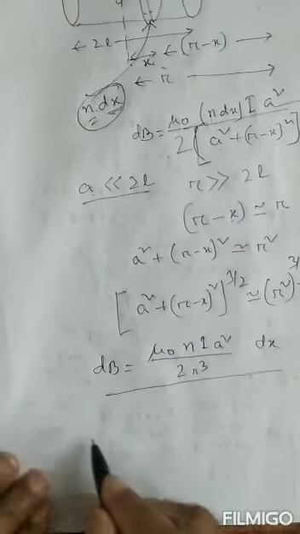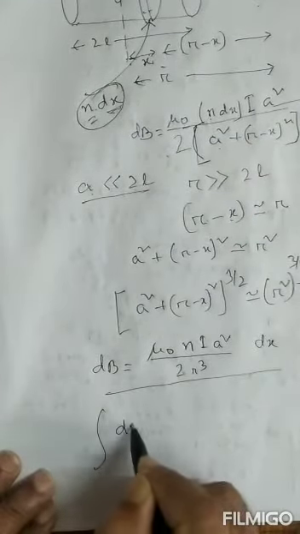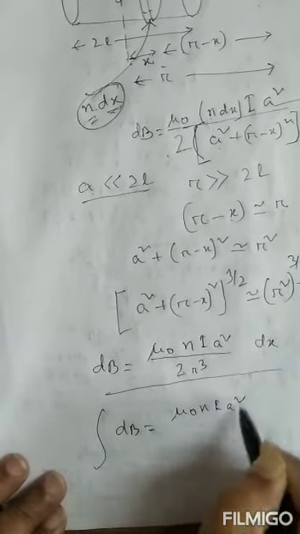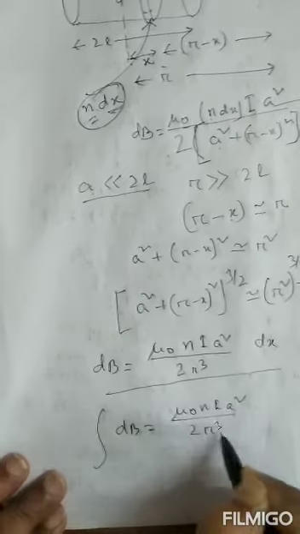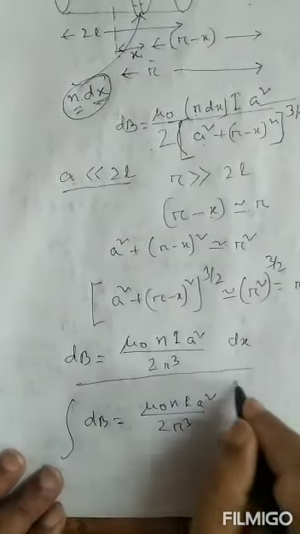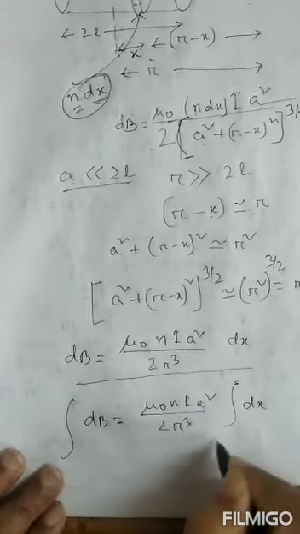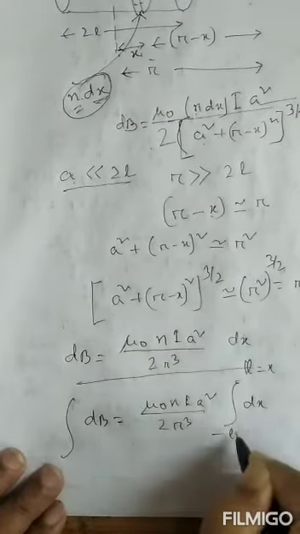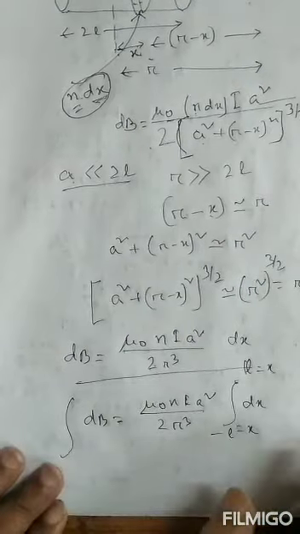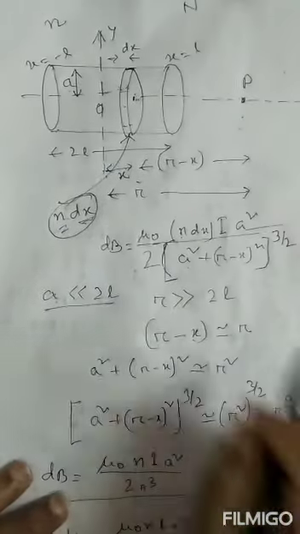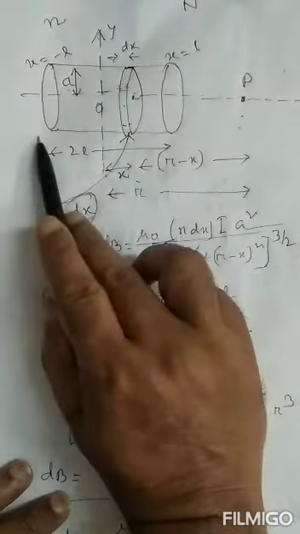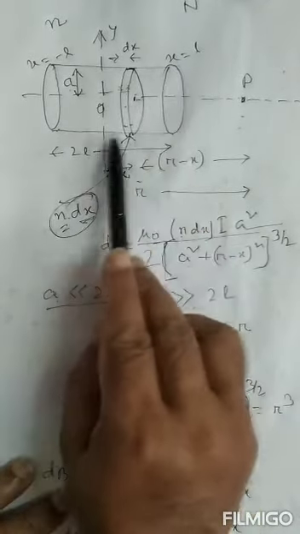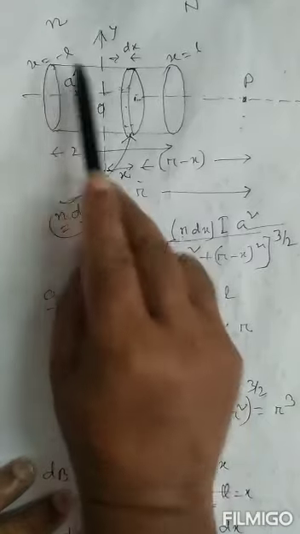So if I do that, this is the integration of dB, which is mu 0 N I A square over twice R cube, times the integration of dx from x equal to minus L to plus L, because we may consider the current loop here and here. If I consider the current loop here, x is L. If I consider the current loop here, x is minus L.